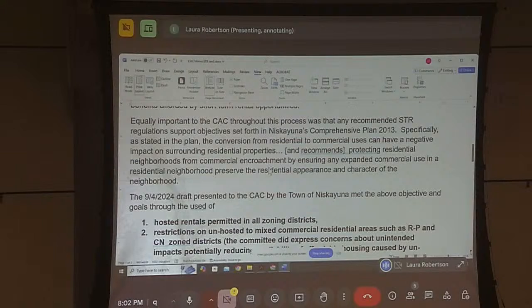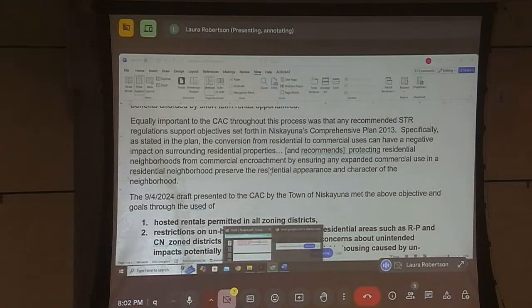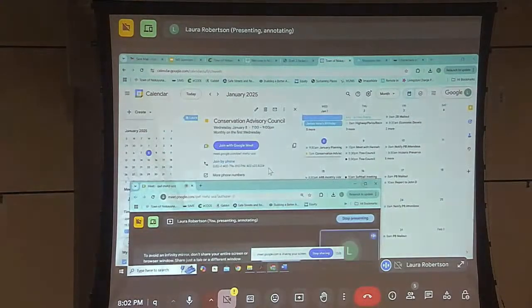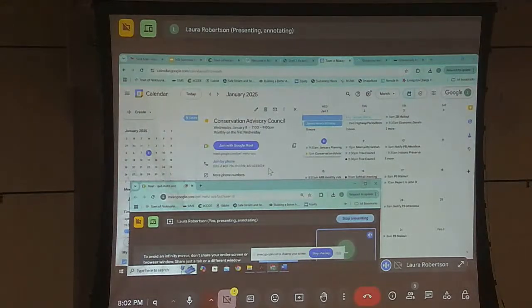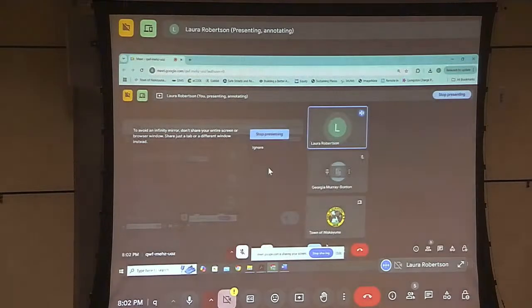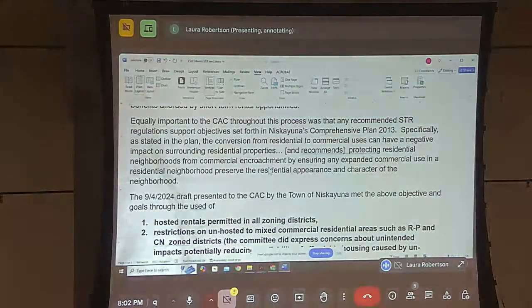And later the document recommends protecting residential neighborhoods from commercial encroachment by ensuring that any expansion in commercial use in a residential neighborhood preserve the residential appearance and character of the neighborhood. So that, I think, is the key thing in the comp plan.